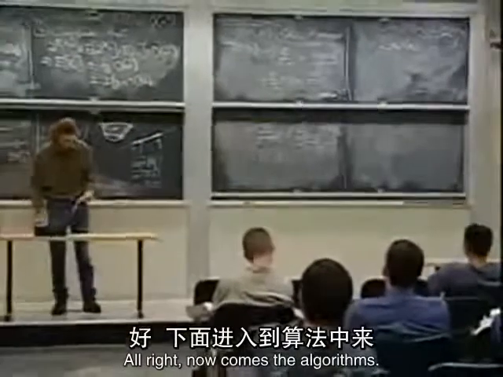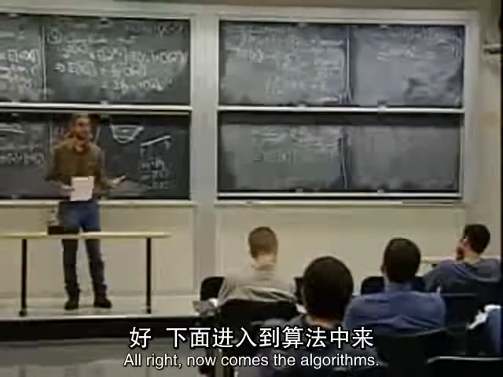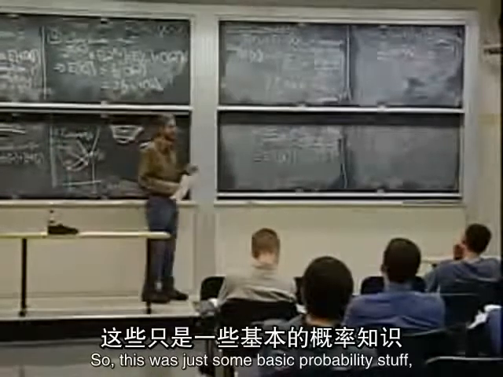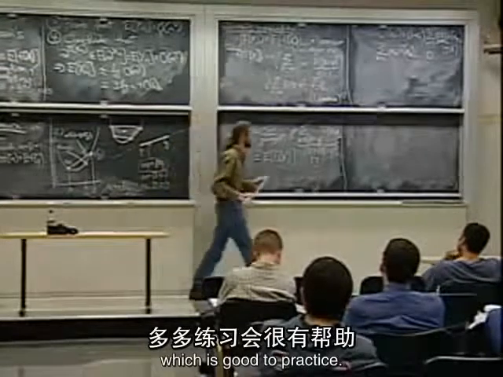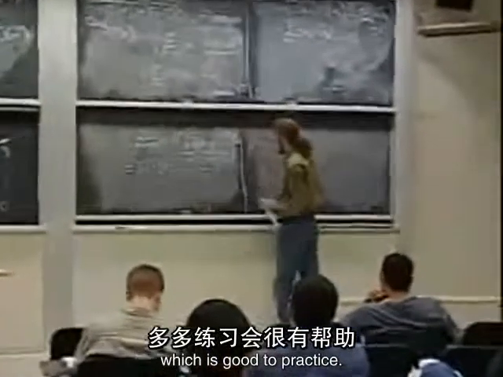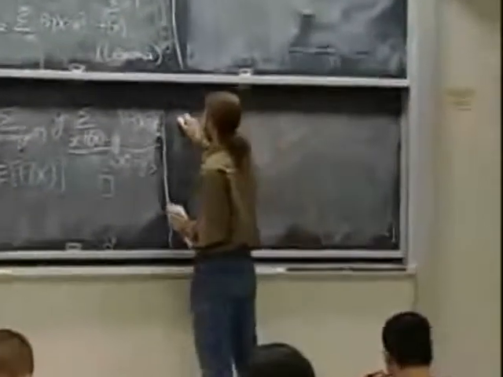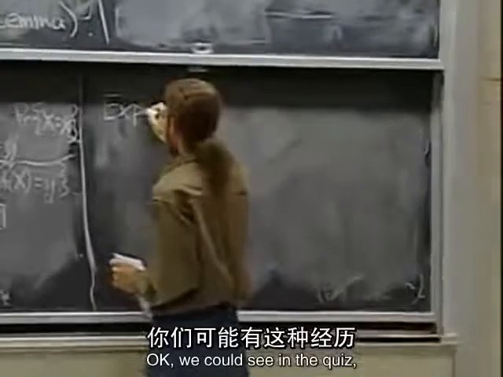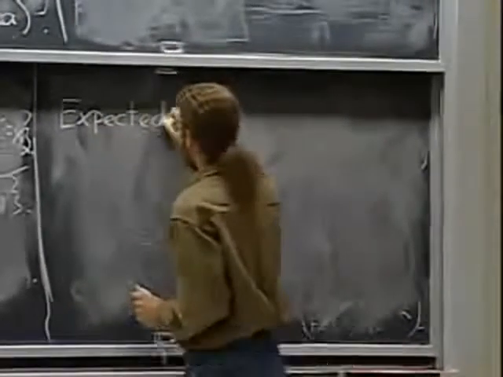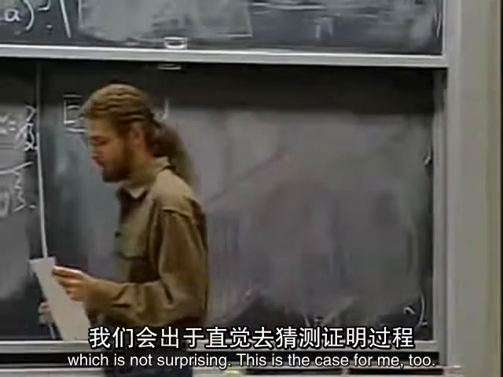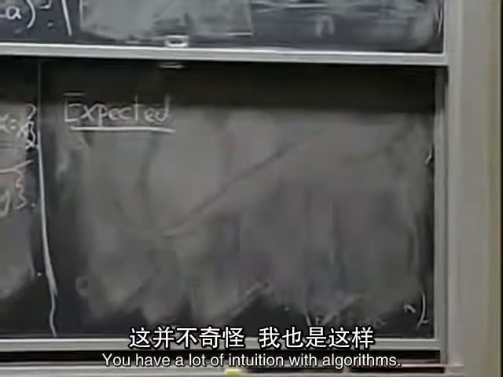All right. Now comes the algorithms. So this was just some basic probability stuff, which is good to practice. We could see in the quiz, which is not surprising, that you have a lot of intuition for algorithms.